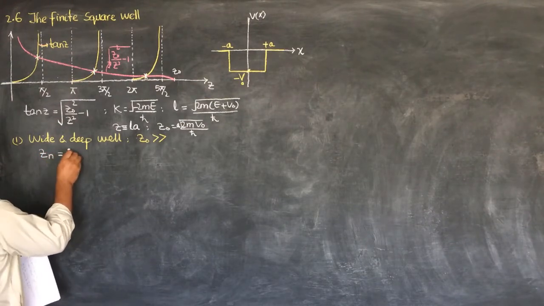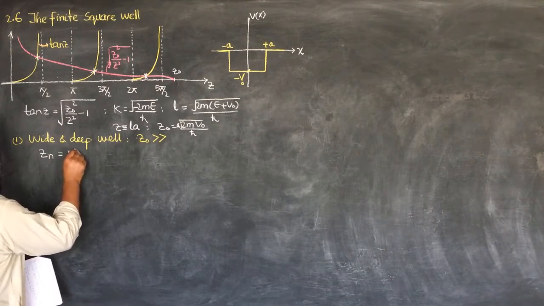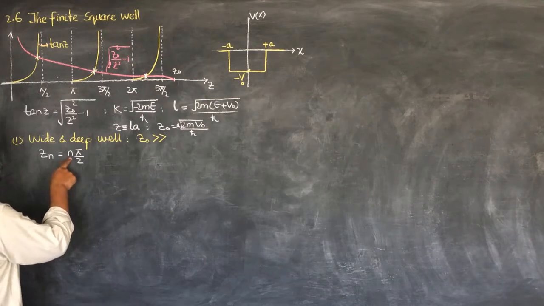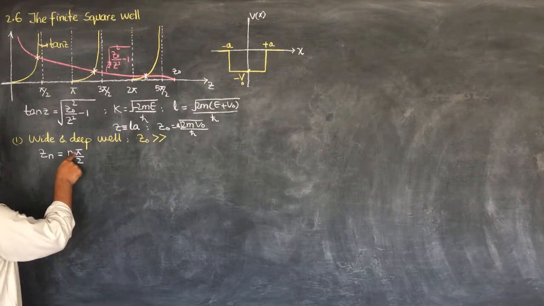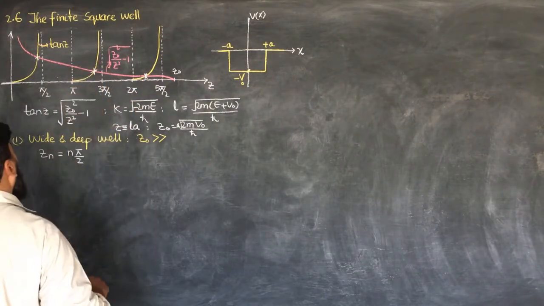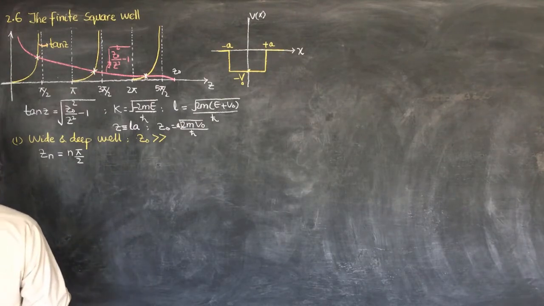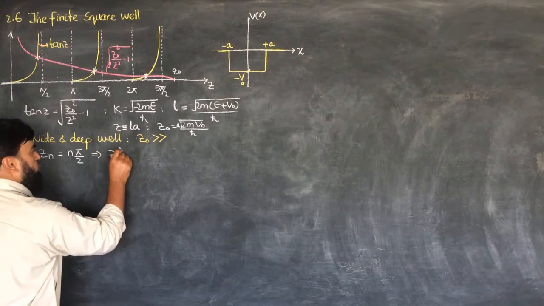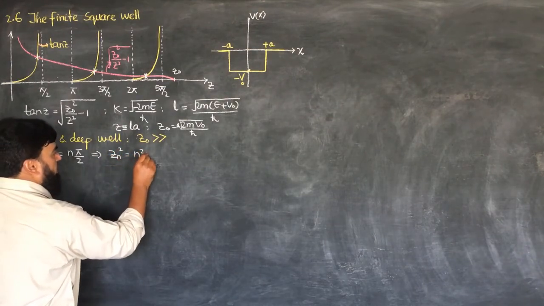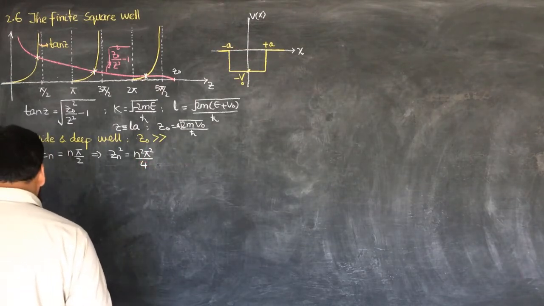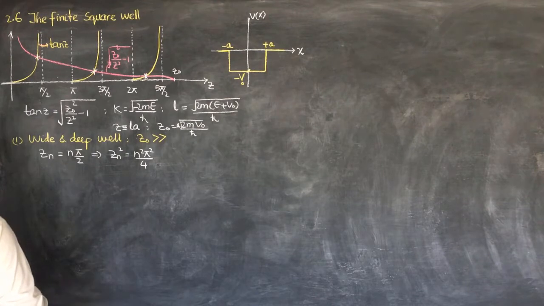So it will be equal to n times pi by 2, because our solution will come very close to this one, n odd pi by 2 or 3 pi by 2 or pi by 2, because the pink line will rise up. So squaring this one means zn square will be n square pi square over 4. So we will have this equal to this.